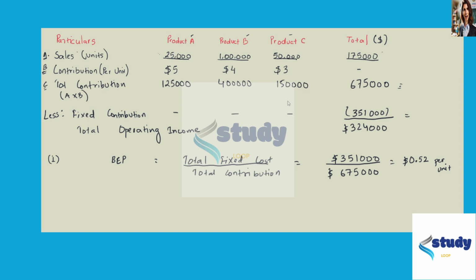Now, in order to find the break even point in units, that is how much we need to sell of product A, B, and C so that we reach our break even point, this 0.52 is the break even point per unit, and we multiply this with our sales mix, that is 25,000, 1 lakh, and 50,000.